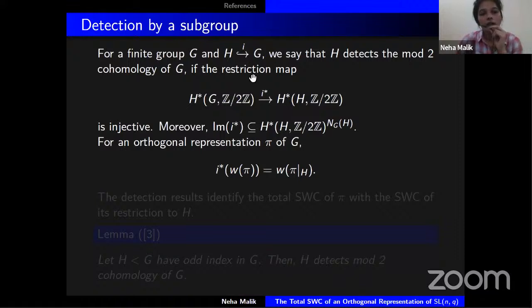How does this kind of detection result help our cause? If you take an orthogonal representation pi of G, then due to naturality, this happens.